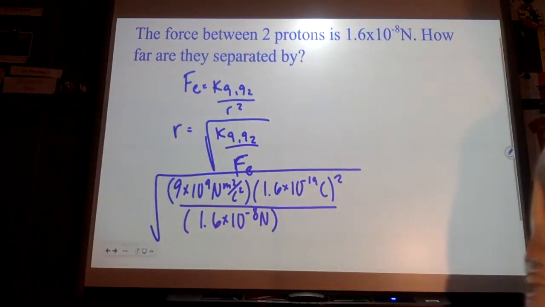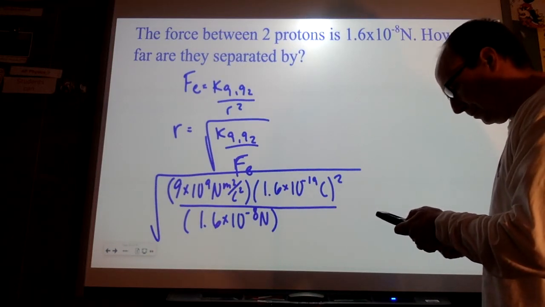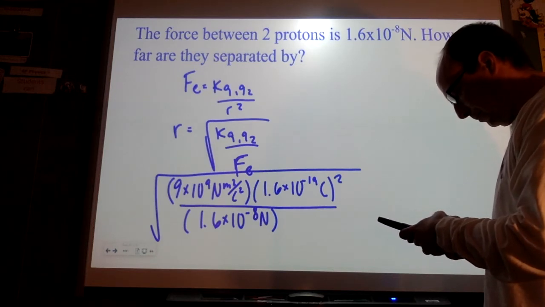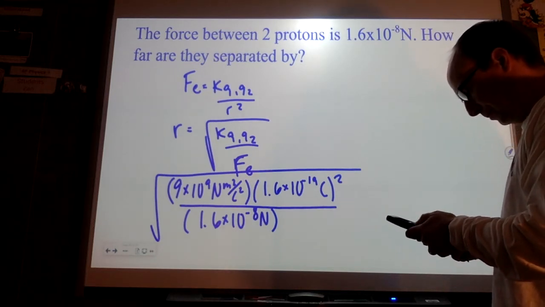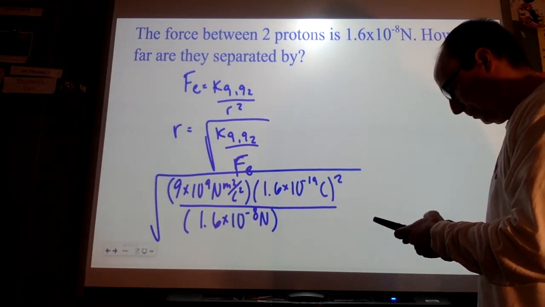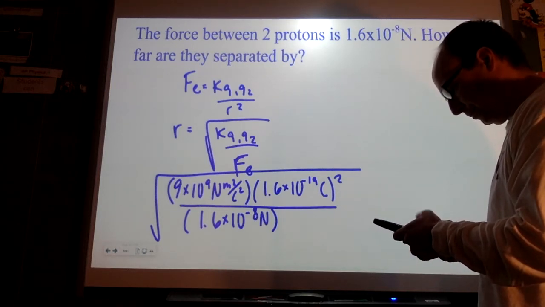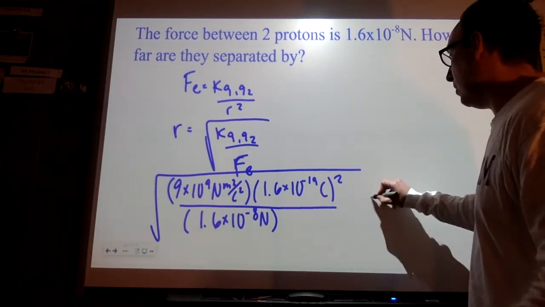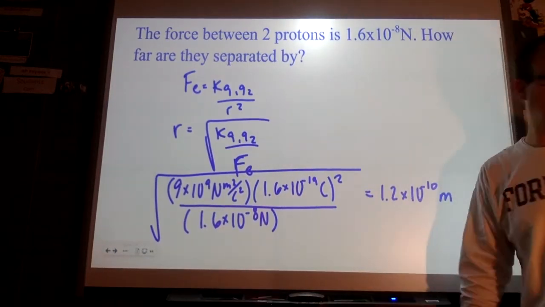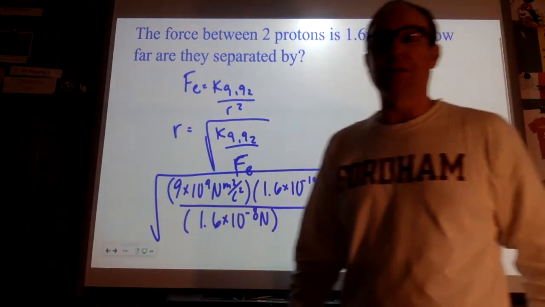And I'm going to square root the whole thing. And I got 1.2 times 10 to the negative 10 meters, which seems like a reasonable distance between two things.